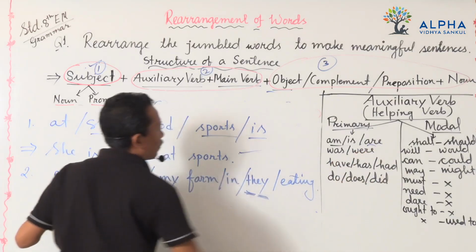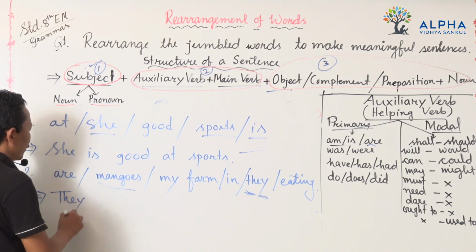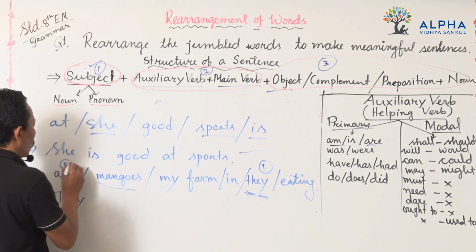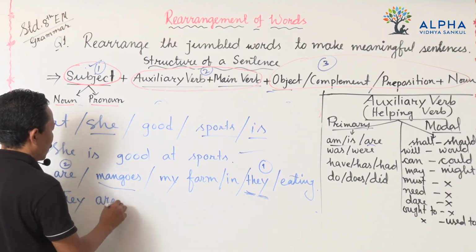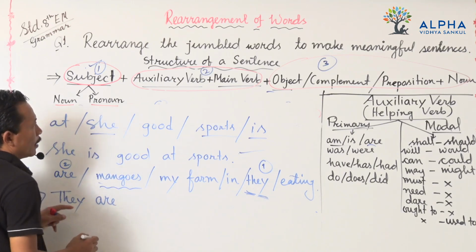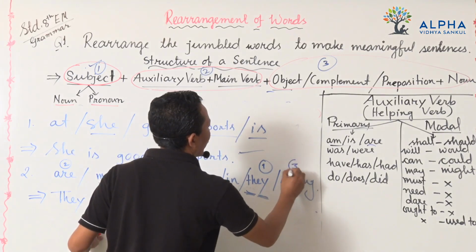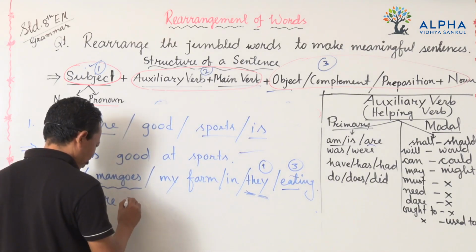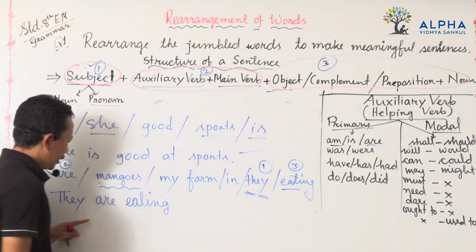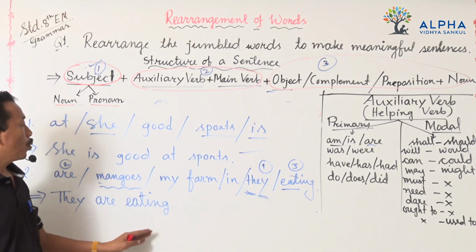See, are. Here they one, are two. They are, and main verb. Main verb is eating, three.